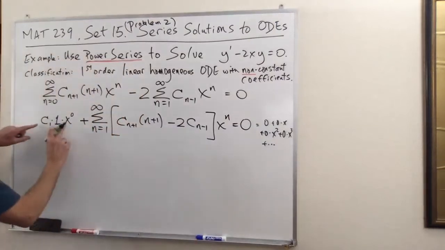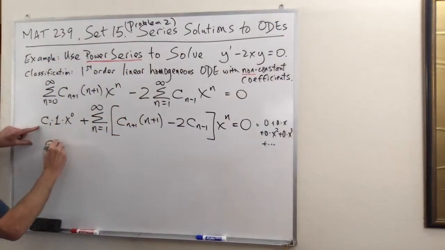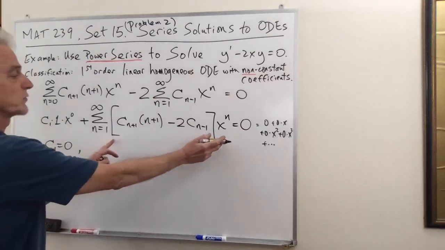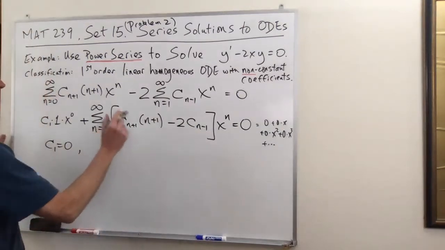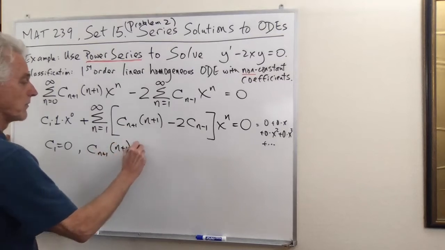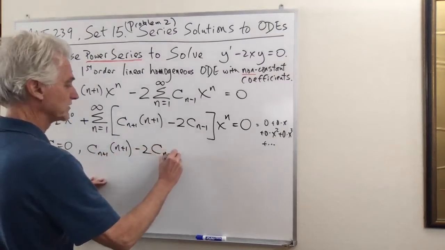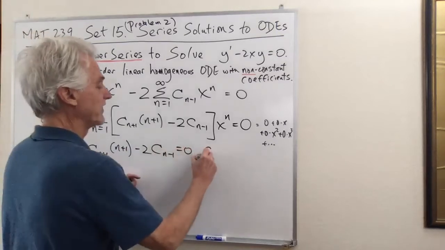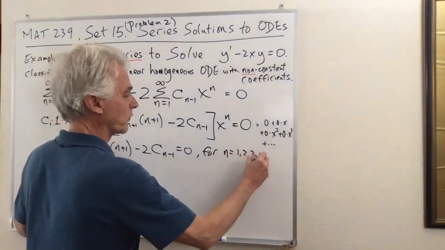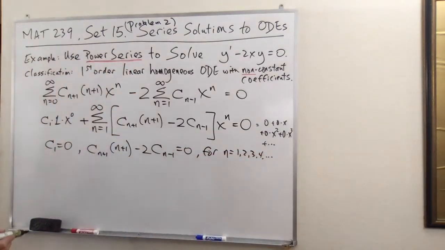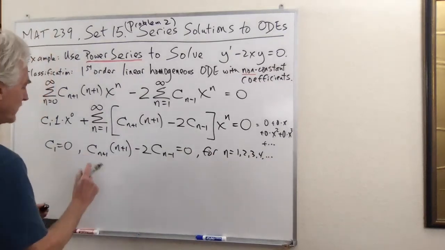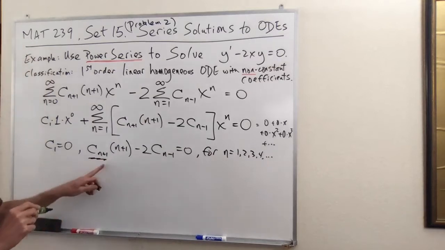All right. So this thing, first thing we have is c1 has got to be 0. And then the thing inside the square brackets has got to be 0. c sub n plus 1 times n plus 1 minus twice c sub n minus 1 equals 0. And that's for n equal to 1, 2, 3, 4, etc. Right? So then what we typically do is we solve this for the highest subscript.